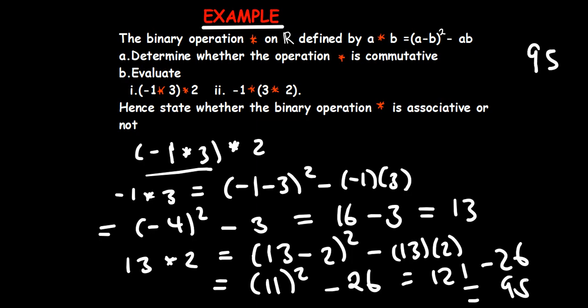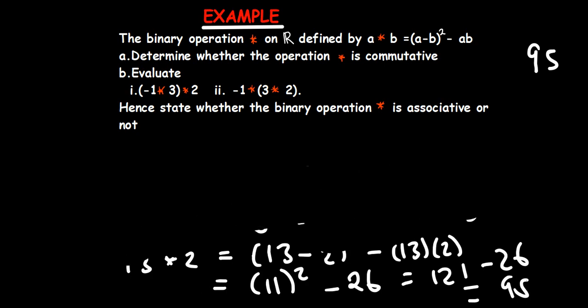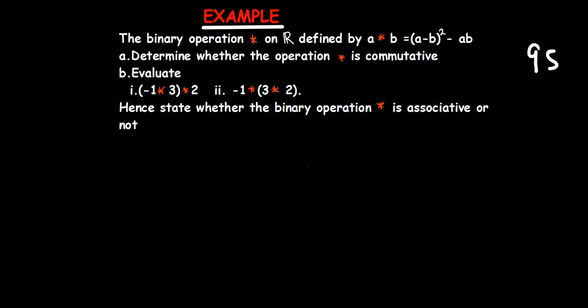Let us solve B. So B, it's negative 1 star 3 star 2. So we start with 3 star 2.